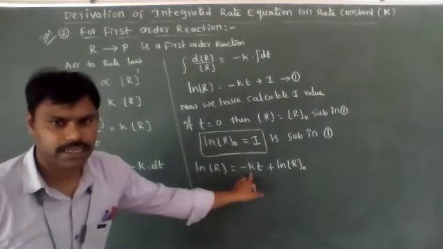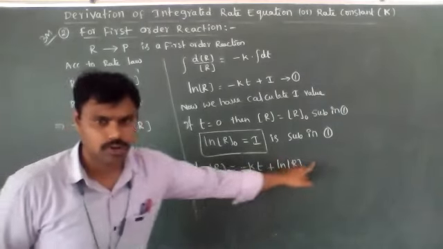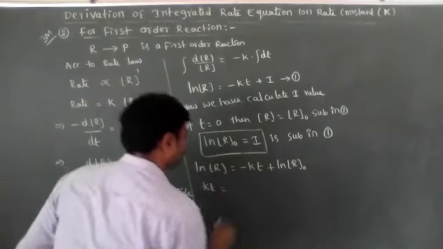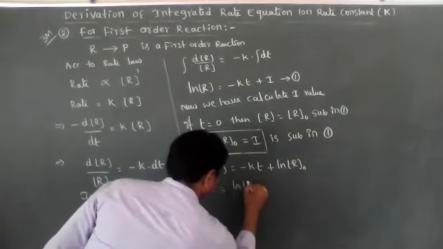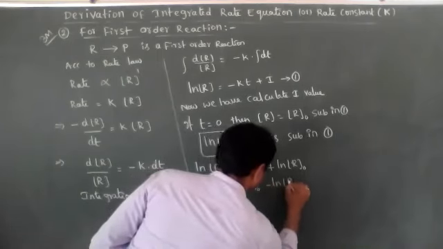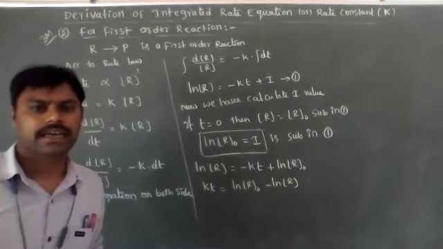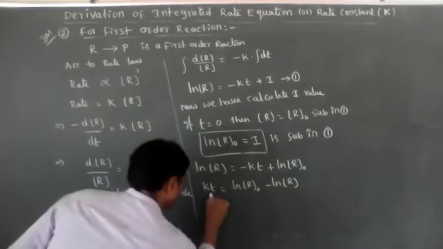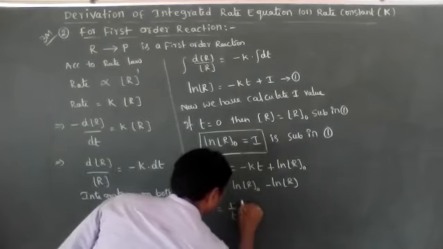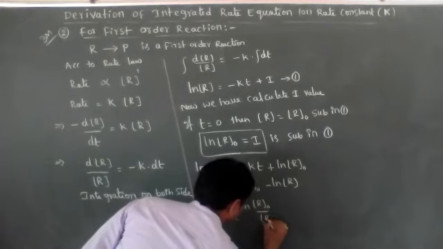This minus Kt, if it comes to the left side, becomes plus Kt, and ln R goes to the right side as minus ln R. So Kt equals ln R naught minus ln R. Ln A minus ln B is nothing but ln A by B. So from this, K equals 1 by t into ln R naught by R.